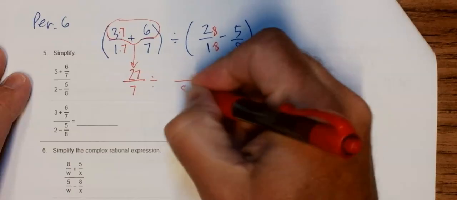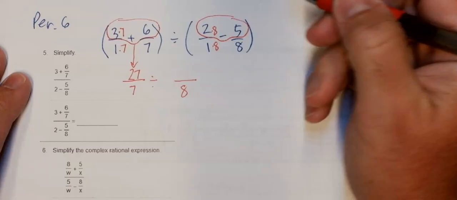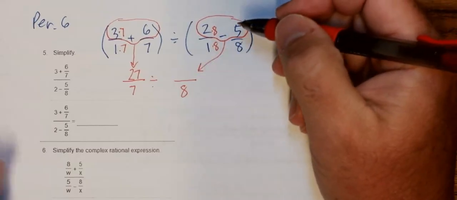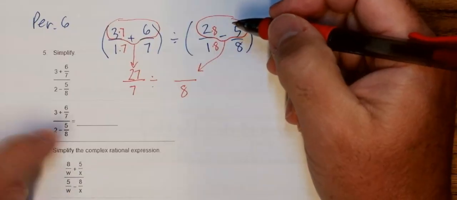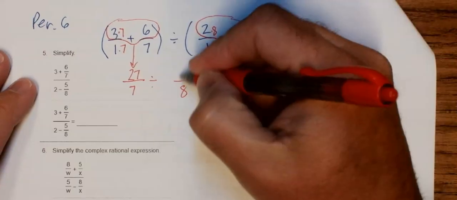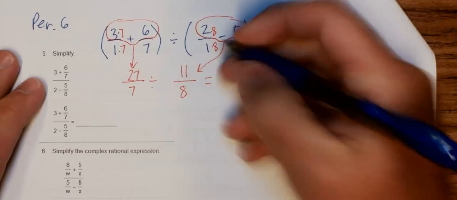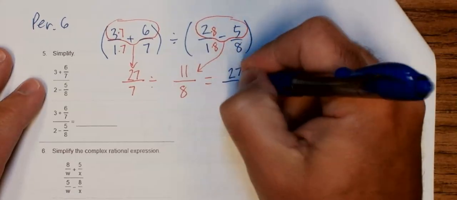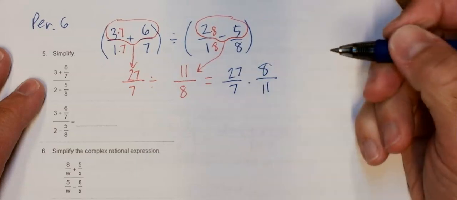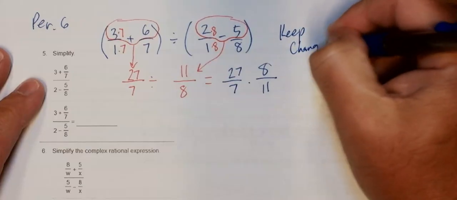So, 2 times 8 minus 5 is how much? That's 2 times 8 plus 5. I need 2 times 8 minus 5. Oh, minus 5. 11. And now, it's time for the keep, change, flip 'em. Keep, change, flip 'em.